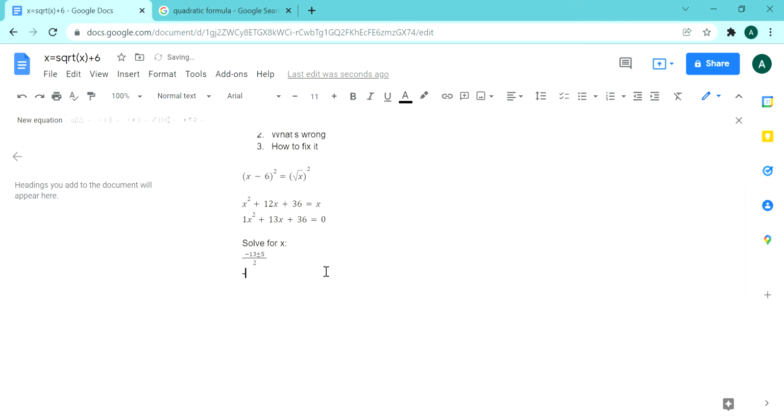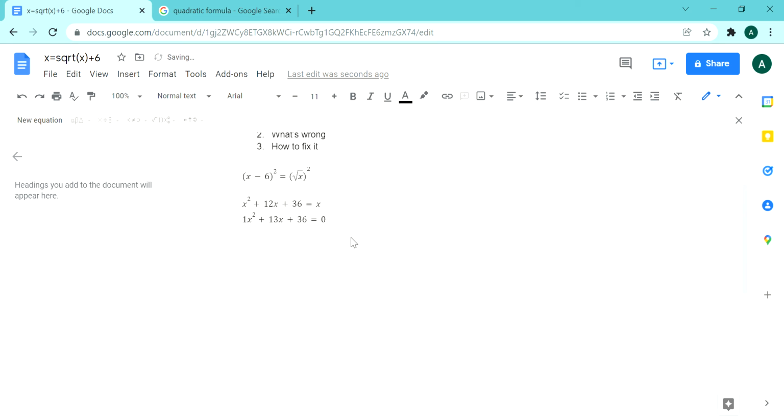So negative 13 plus 5 is equal to, well, negative 8. And I actually don't know how I got here. I'm getting something confused. But there's another way to solve for this, since I'm bad at the quadratic formula.